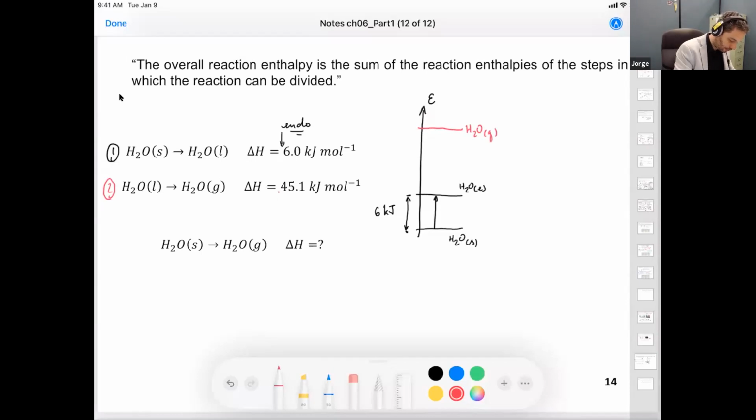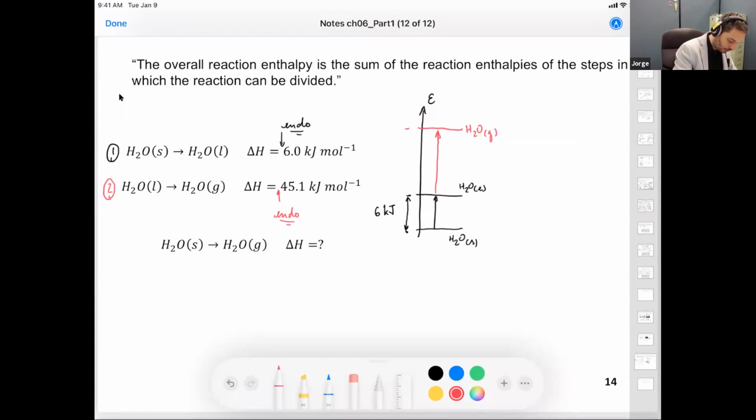Again, delta H is positive, therefore the transformation is endothermic, and the arrow is going to indicate the direction of the transformation from liquid all the way to gas.